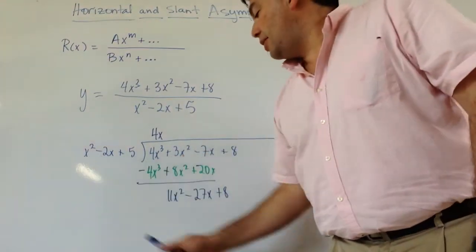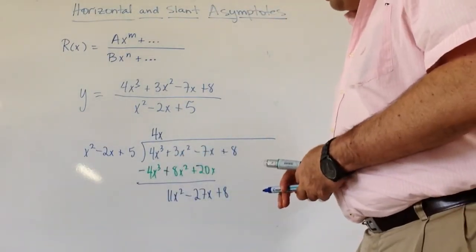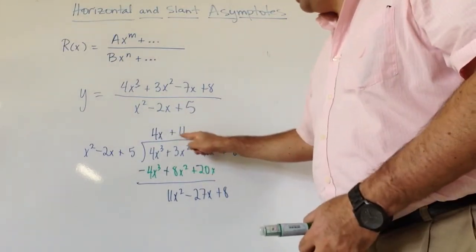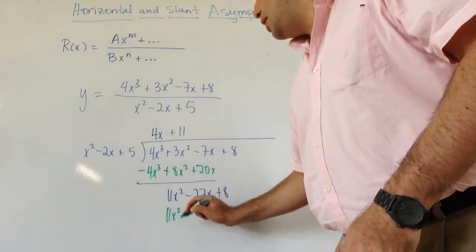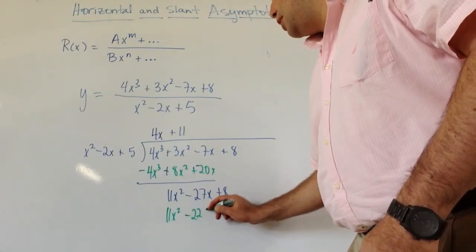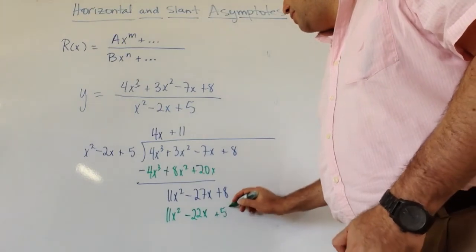So what times x squared is 11x squared? That is 11. So plus 11. 11 times x squared is 11x squared. 11 times negative 2x is negative 22x. 11 times 5 is 55.